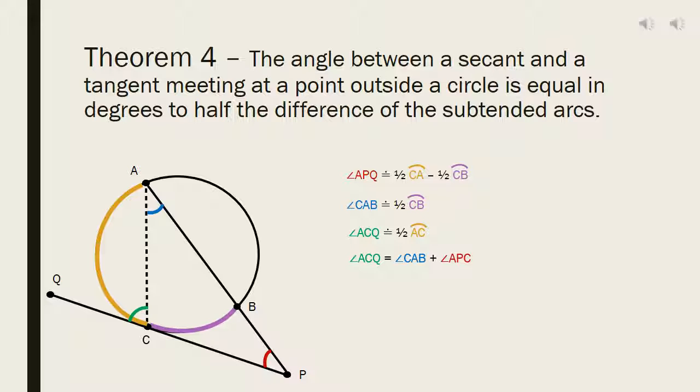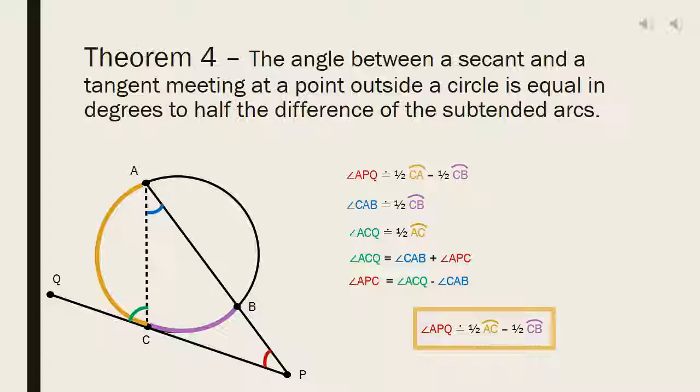And then rearranging, we can say angle ACQ minus angle CAB is equal to angle APC. Now we know that angle ACQ is equal in degrees to 1/2 of AC, and angle CAB is equal in degrees to 1/2 the arc CB. So we can just use some substitution, and then pulling out the 1/2 in front, we can say that angle APC is equal in degrees to 1/2 of AC minus CB. And this concludes the corollary.